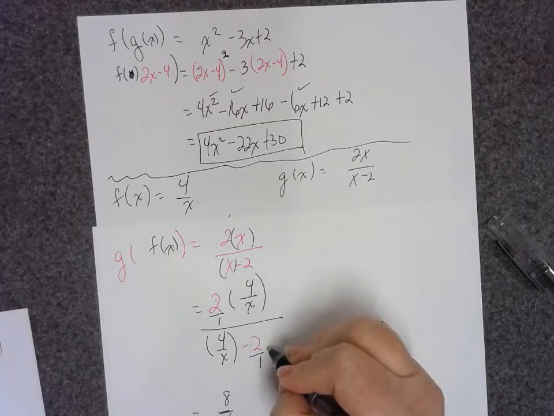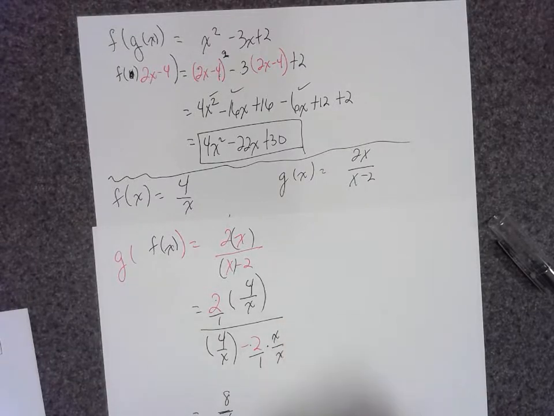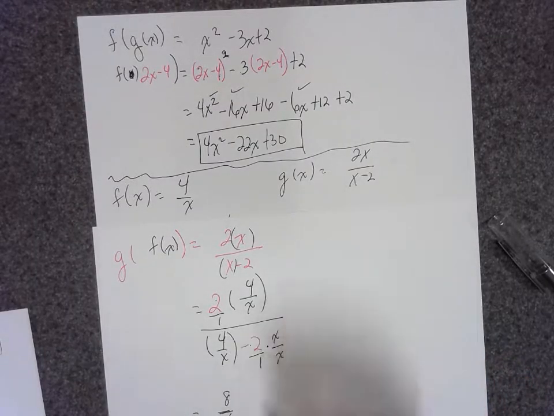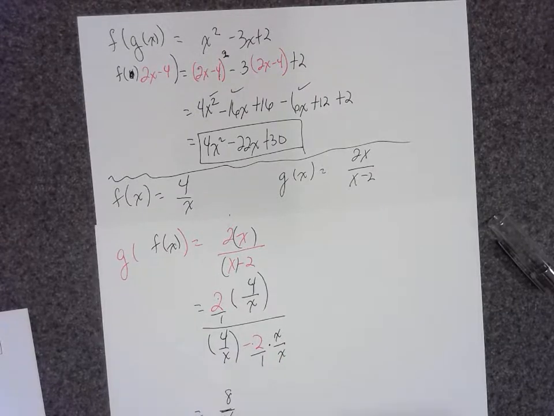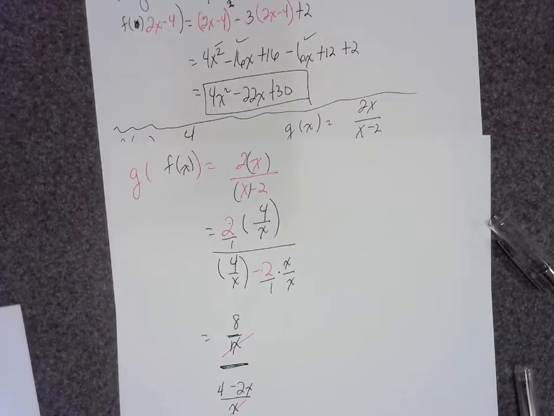So I have to change this one by multiplying it by x over x. So I will have x in the denominator of the big denominator, and that means we have 4 subtract 2x. We can now divide out this x and this x because they occupy the same position.